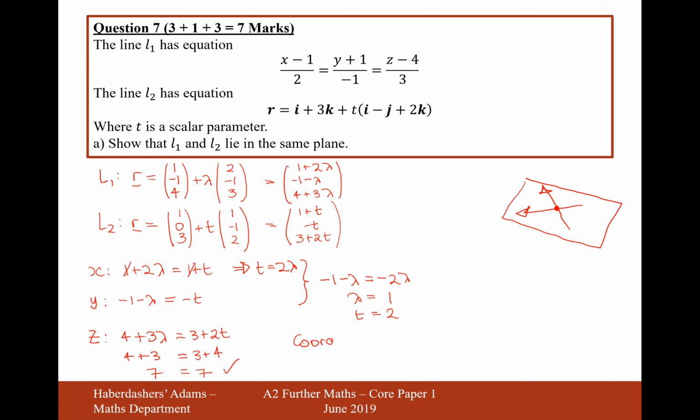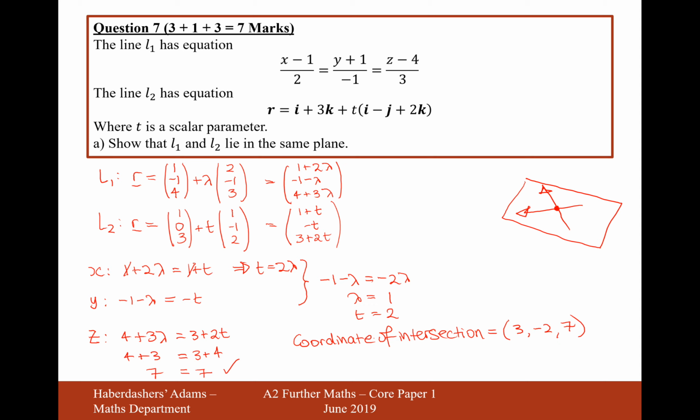Coordinate of intersection equals, so let's plug lambda equals 1 into the top equation. It doesn't matter which one you plug it into. It's going to be (3, -2, 7).